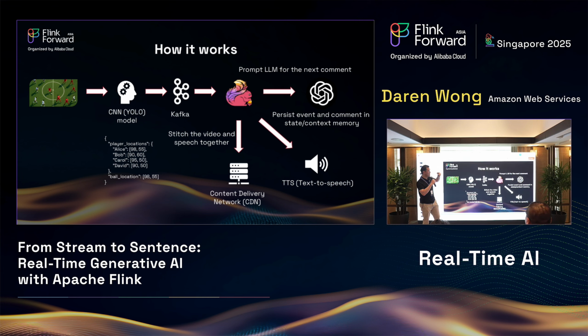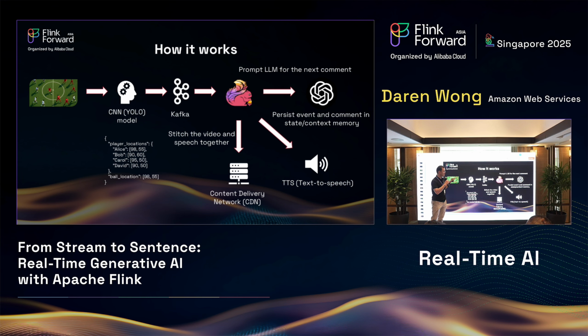It is trained on a convolutional neural network, and what it does is it performs image classification. So you give it an image, and it can classify the players that are in the image, and it can then construct this JSON with the players' locations and the ball location.